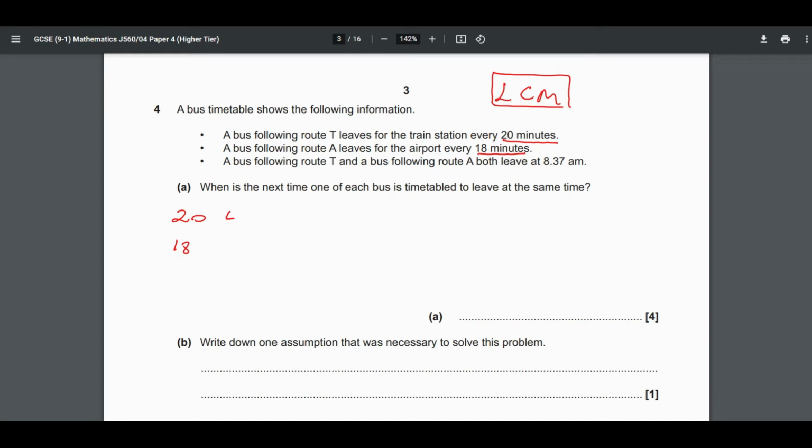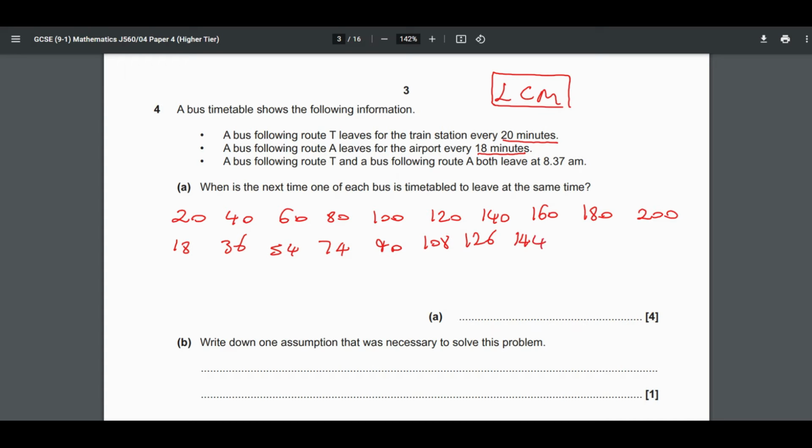So if we keep on going up, we've got 20, 40, 60, 80, 100, 120, 140, 160, 180, 200, and then 18 we've got 36, 54, 72, 90, 108, 126, 144, 162, and 180.